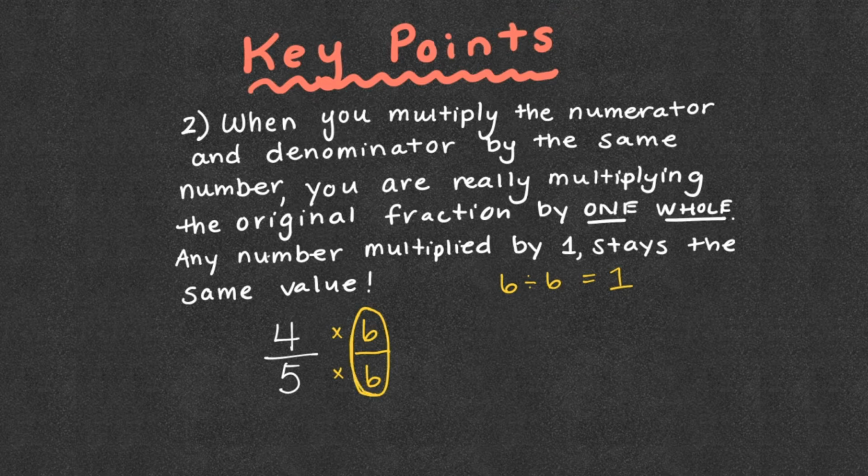So this yellow circle, what I just circled right here, is really equivalent to 1 whole. But the way it looks as a fraction is 4 times 6 is 24, 5 times 6 is 30. So although it looks like 24/30ths, it is equivalent to 4/5 because we really just multiplied it by another version of 1 whole. Remember, when the numerator and denominator have the same value, it's also equivalent to 1 whole.